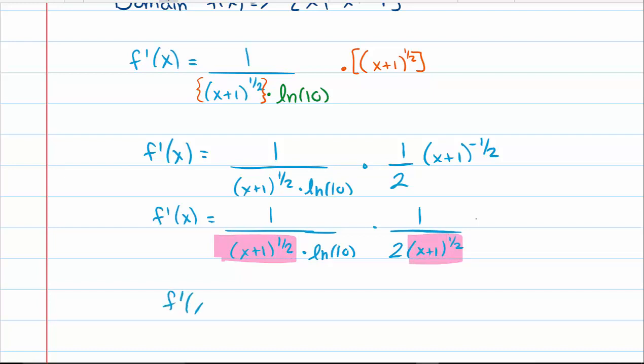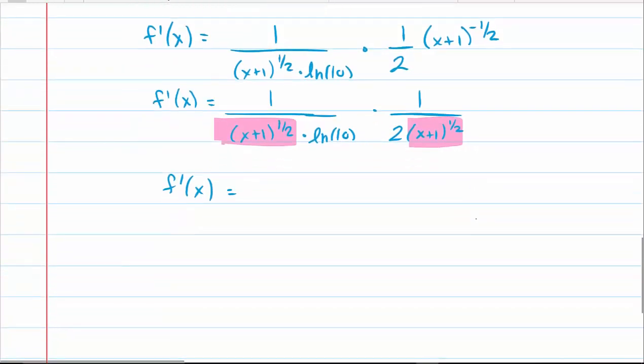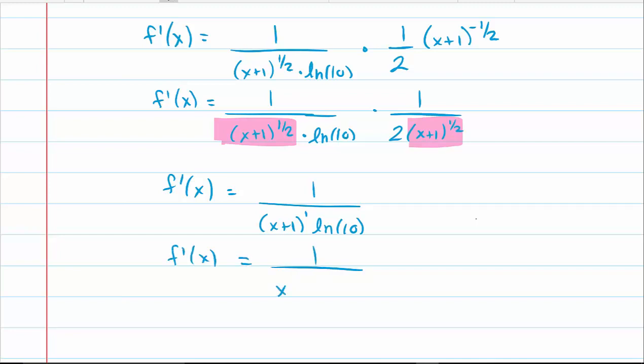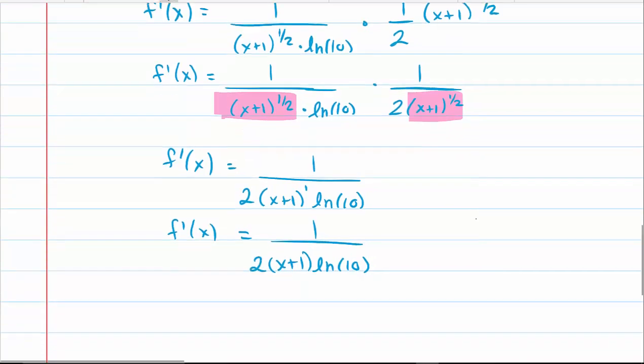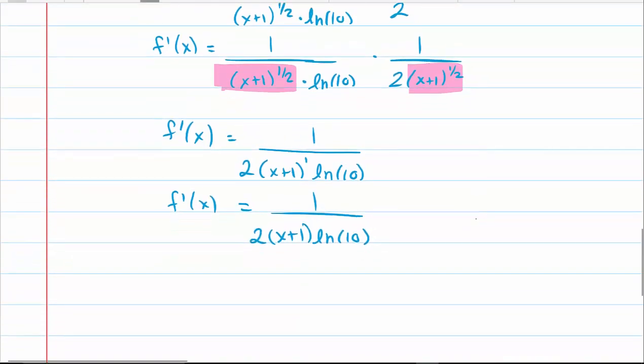So I'm going to combine my like terms. Now if you have the same base, we add the exponents. So we get x plus 1 to the 1 times ln of 10, which is just 1 divided by x plus 1 times ln of 10. I forgot my 2's. Times 2.